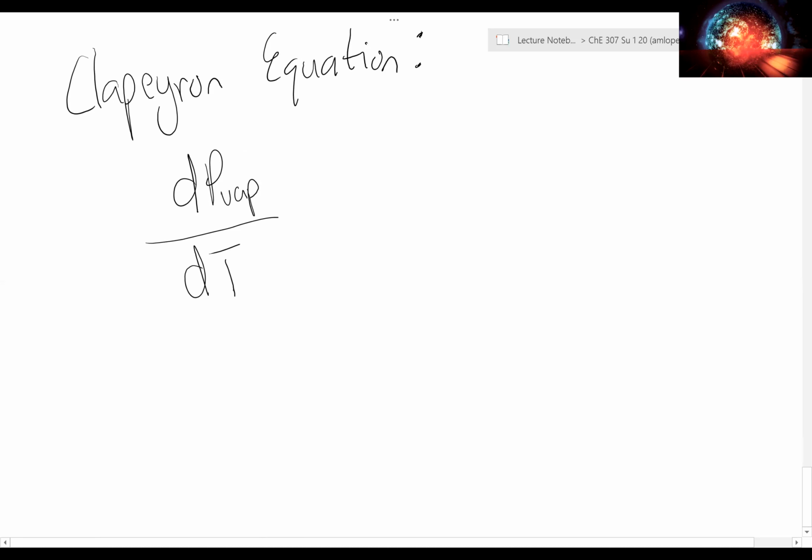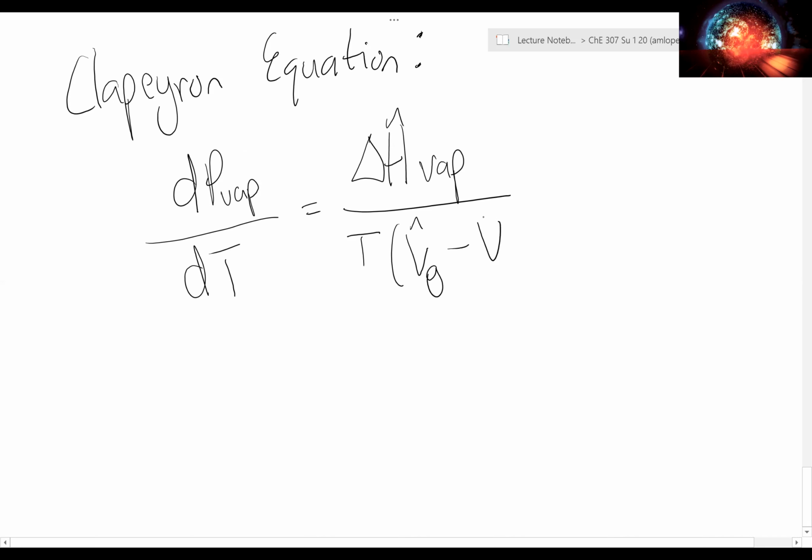So the relationship between your vapor pressure as a function of temperature by the Clapeyron equation is the enthalpy of vaporization, also known as delta H vap, divided by the absolute temperature times the difference between the molar volume of the gas of the species minus the molar volume of the liquid species.